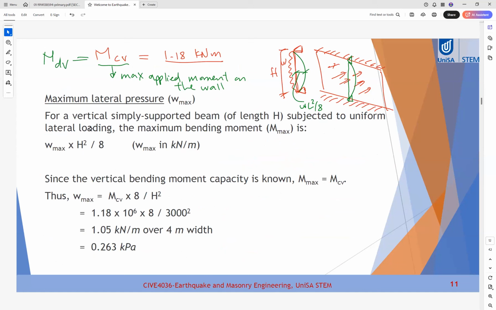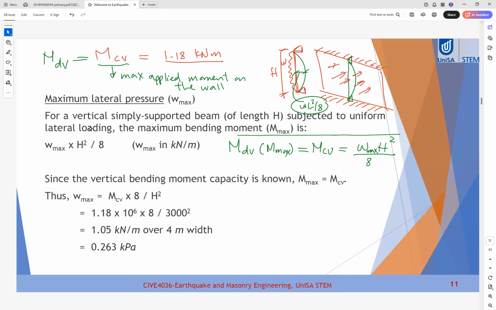So here, MDV will be equal to MCV. So the value of MDV will be equal to 1.18. And how much is the maximum applied moment in structural formulas? WL squared by 8. So the idea is we will equalize MDV or Mmax equal to MCV equal to W max H squared over 8.